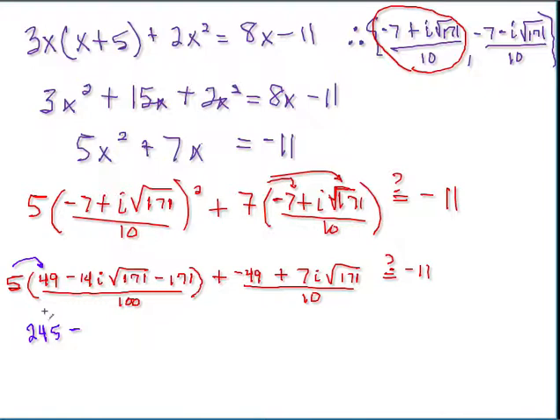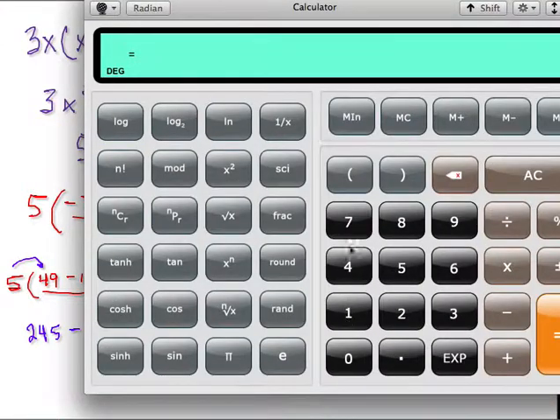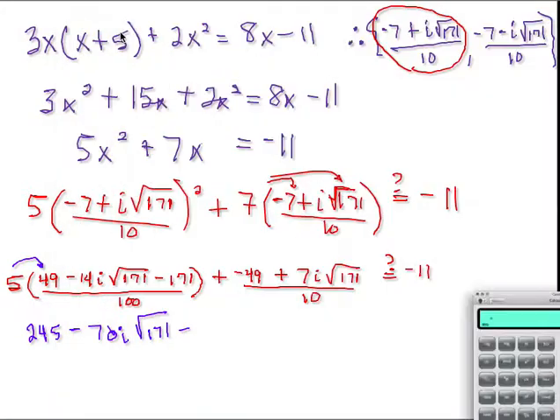Minus, and then 14 times 5, isn't that 70? That's going to be 70i times radical 171, minus 171 times 5, which is 855.